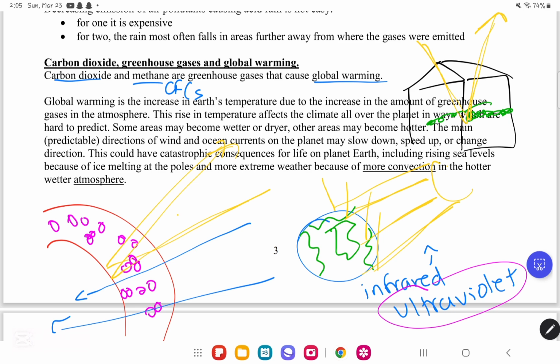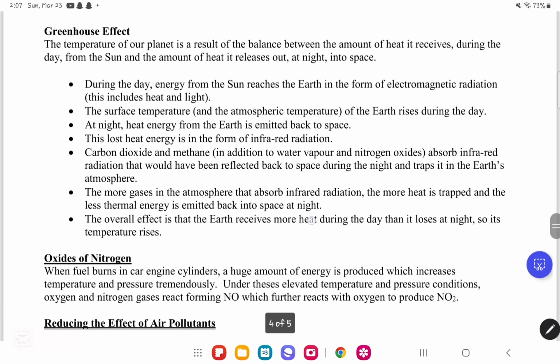Whereas the infrared, because the glass is so thick, will bounce and stay inside the area and keep the plants warm. So this is why we call this the greenhouse effect. Alright, that's pretty much it for the greenhouse effect.